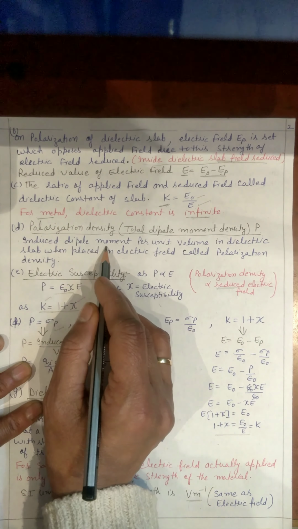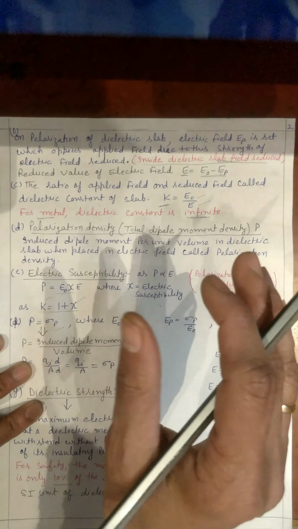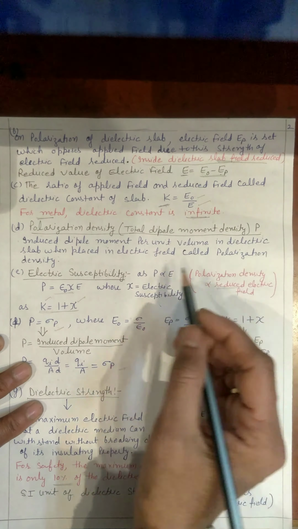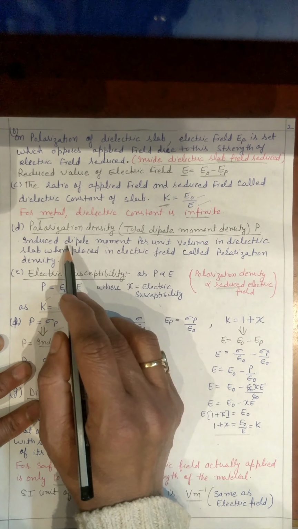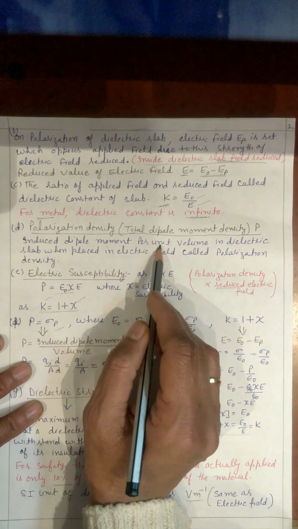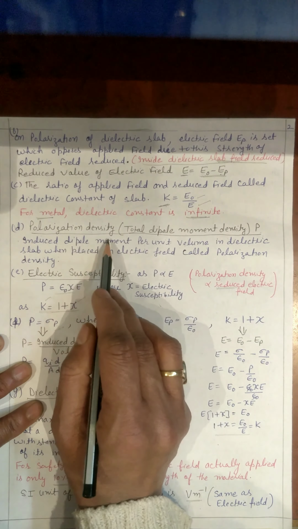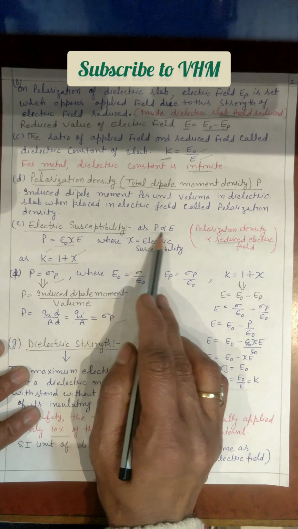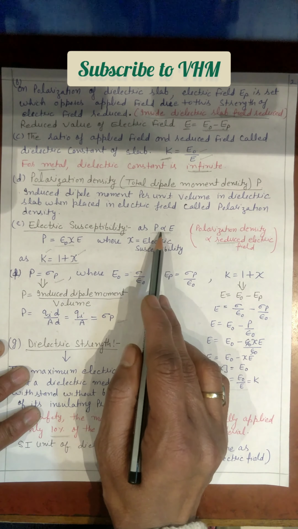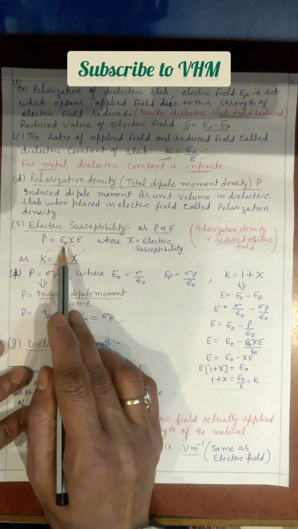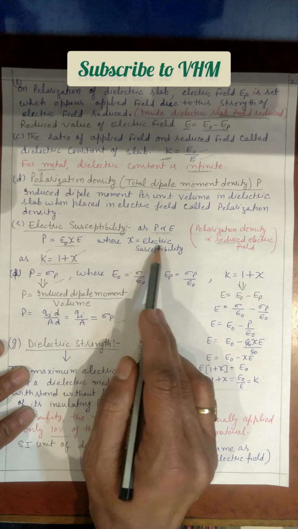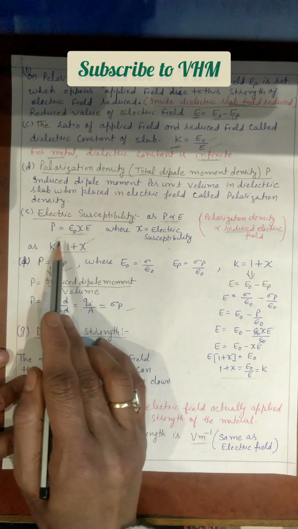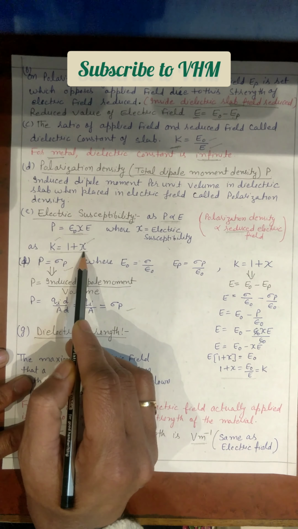It is the induced dipole moment per unit volume when a non-polar dielectric is placed in an electric field to polarize it. This polarization density is proportional to the reduced field, and the proportionality sign is replaced with these two factors. This is called susceptibility, and susceptibility and dielectric constant are related by this.